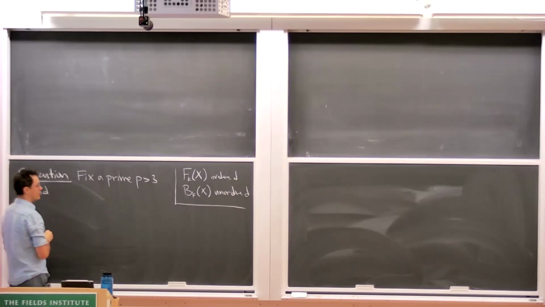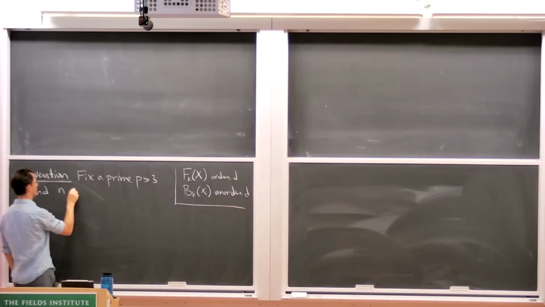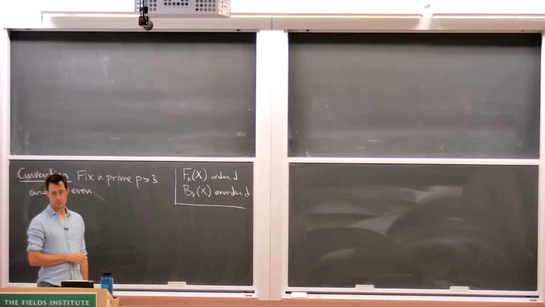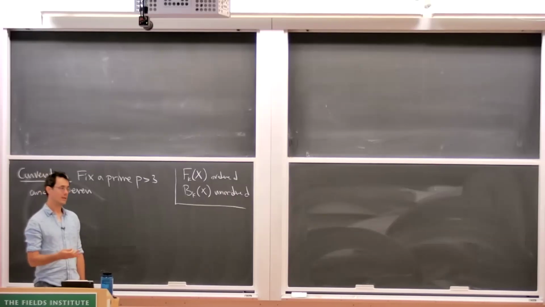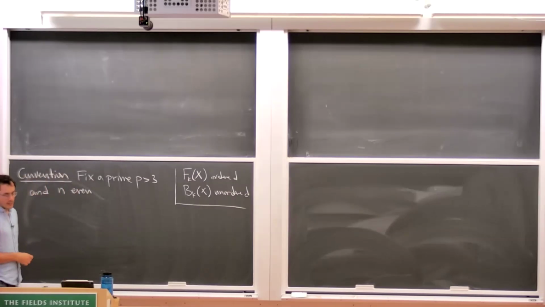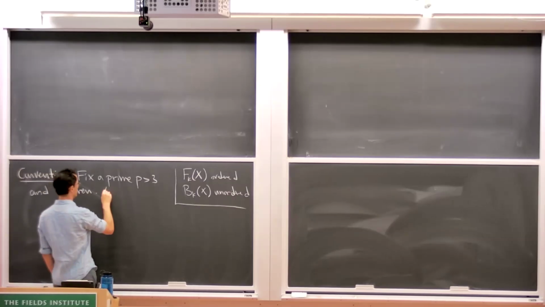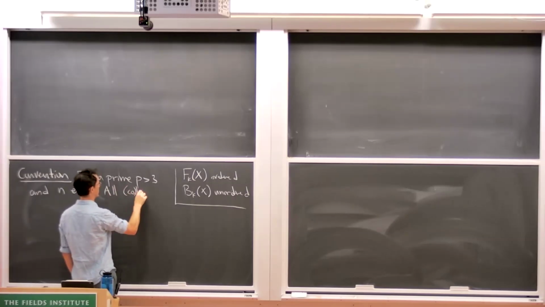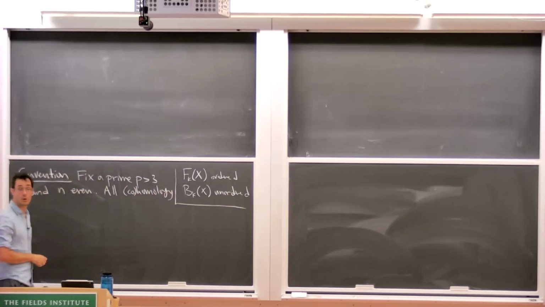And we're going to concentrate on the case where n, the dimension of the Euclidean space, is even in order to make uniform statements. The odd case is actually easier, at least initially, and then about the same, just scrambled. So it doesn't really matter. And from now on, again, until it's not, all cohomology is with FP coefficients.